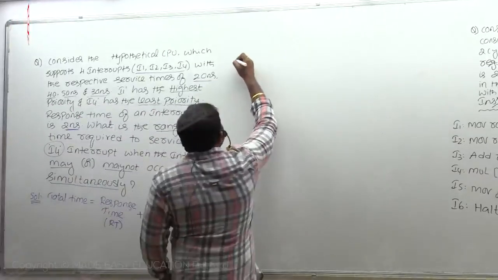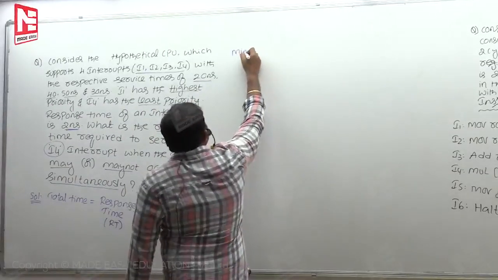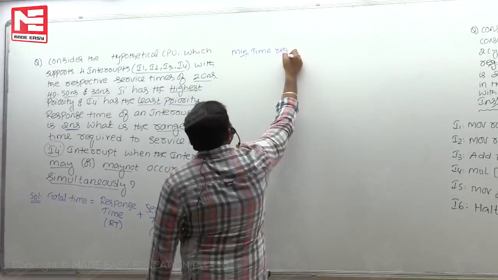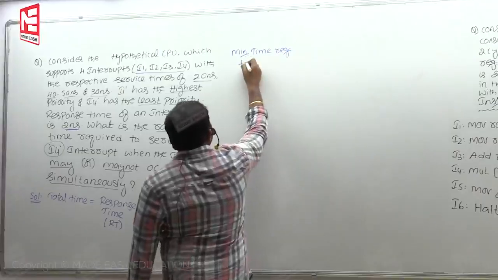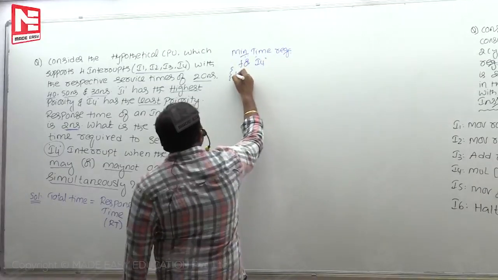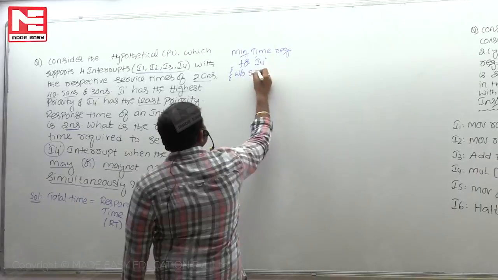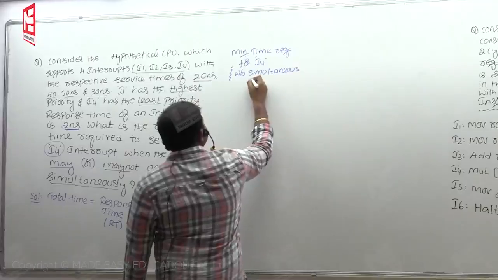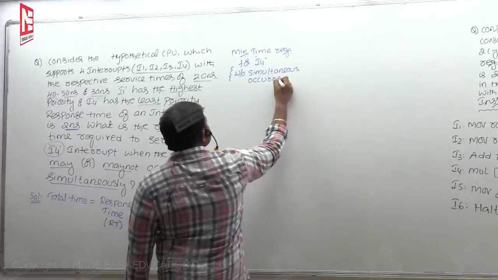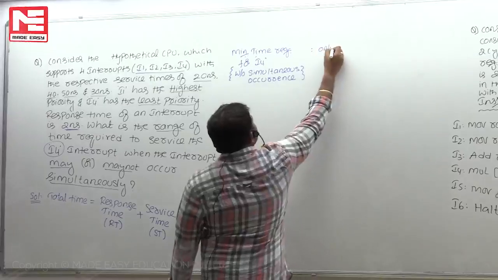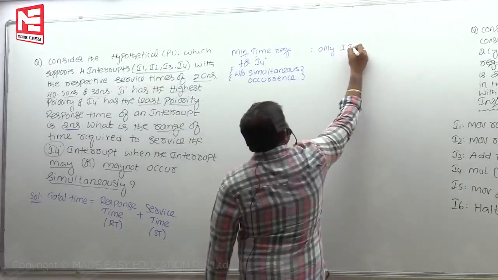Now, first minimum time required for I4. This is possible without simultaneous occurrence. Minimum time means only one interrupt is present.